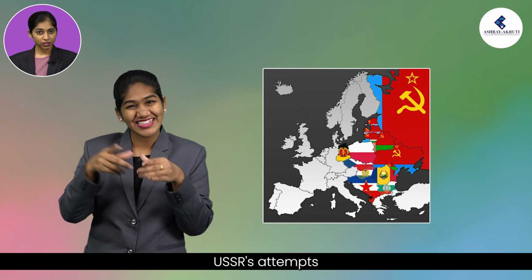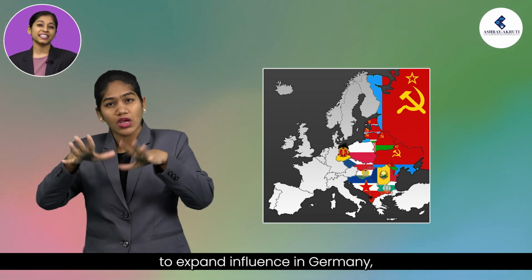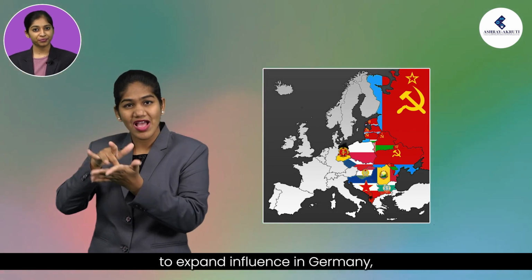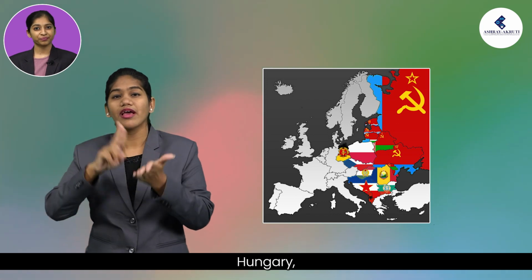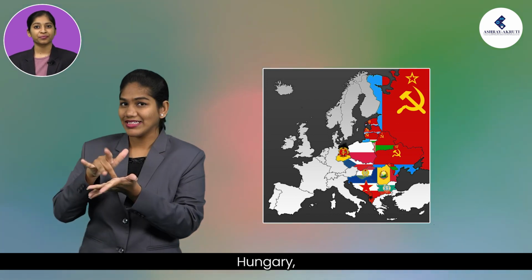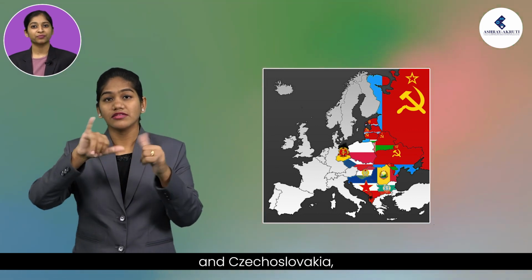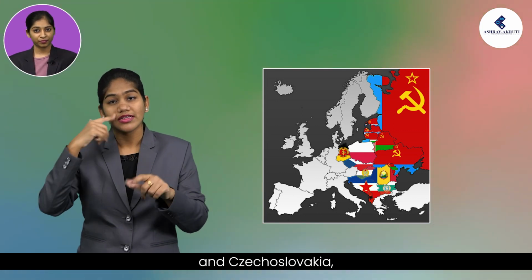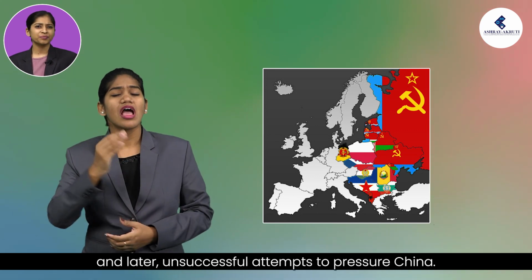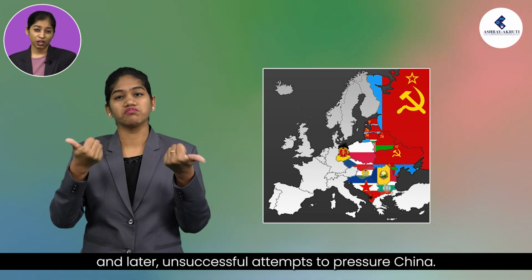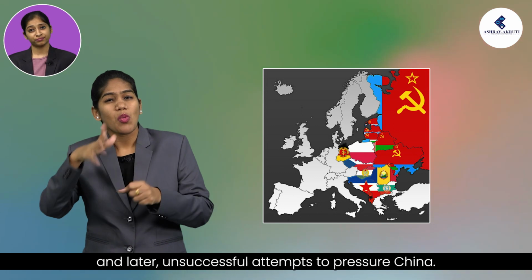USSR's attempts to expand influence in Germany, Hungary, and Czechoslovakia, and later unsuccessful attempts to pressure China.